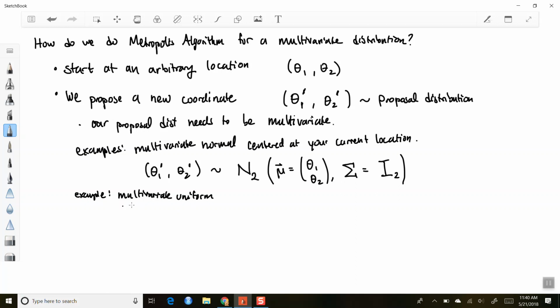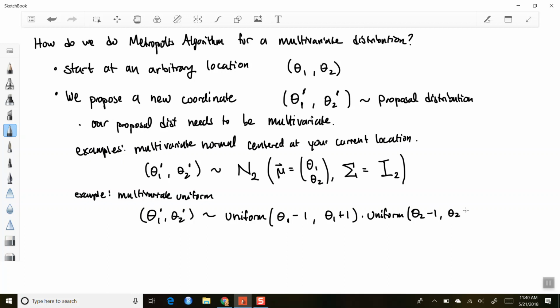And so theta 1 prime and theta 2 prime would come from basically centered at your current location, so it'd be uniform from probably your current location theta 1 minus 1 to theta 1 plus 1, and uniform theta 2 minus 1 comma theta 2 plus 1, right?